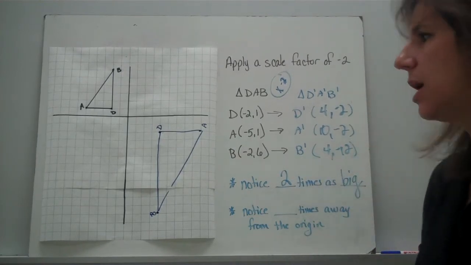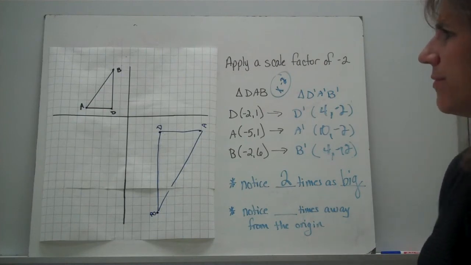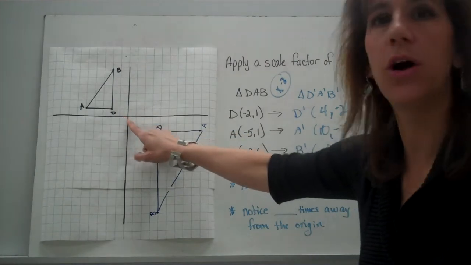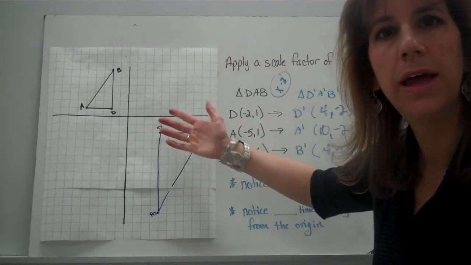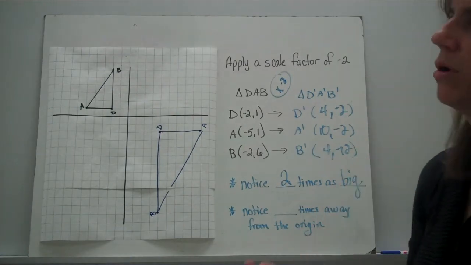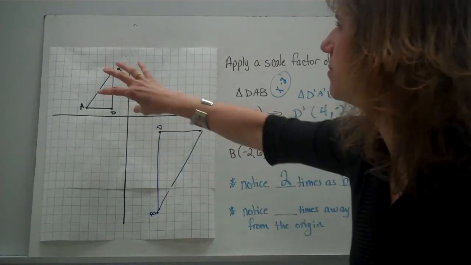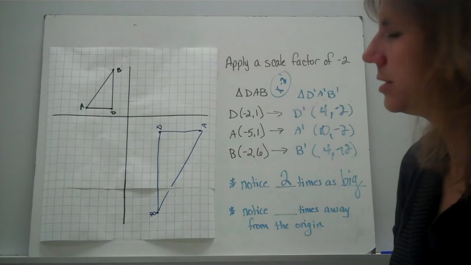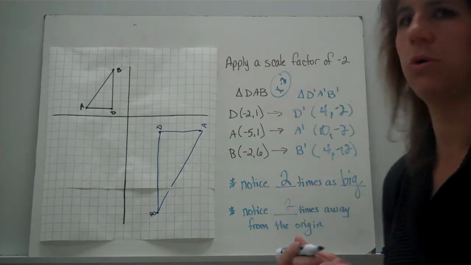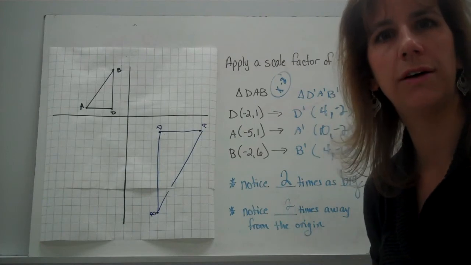It's twice as big, but where are we from the origin? Not only are we twice as far away, but we're also a reflection. Actually, I probably should say rotation. It's really a rotation all the way around. So it's still 2 times away from the origin, but we also have a rotation involved here.